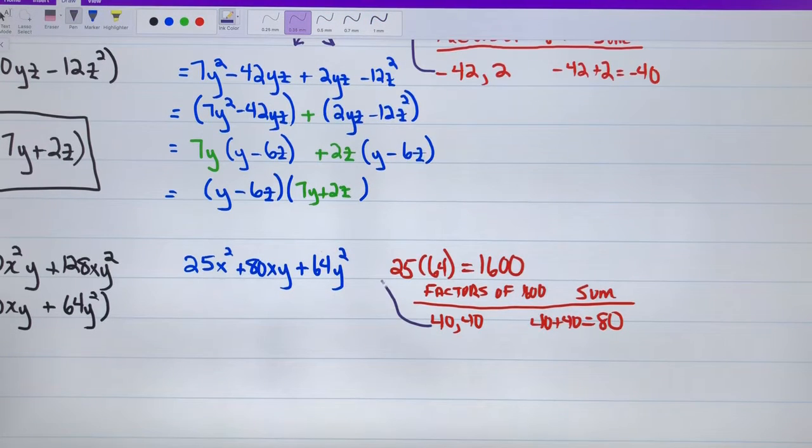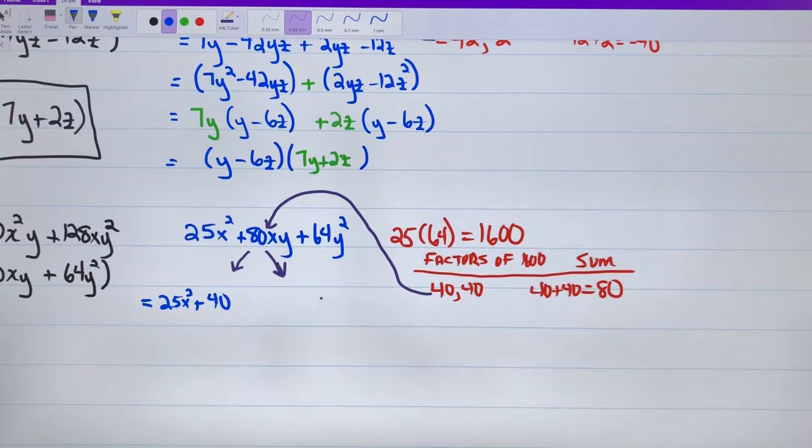Using these coefficients, we're going to split up the 80xy into two identical terms, 40xy. So we have 25x squared plus 40xy plus 40xy plus 64y squared.